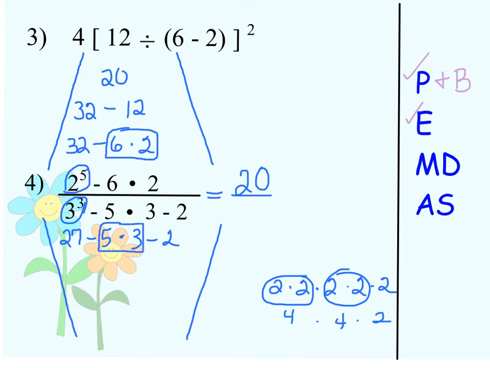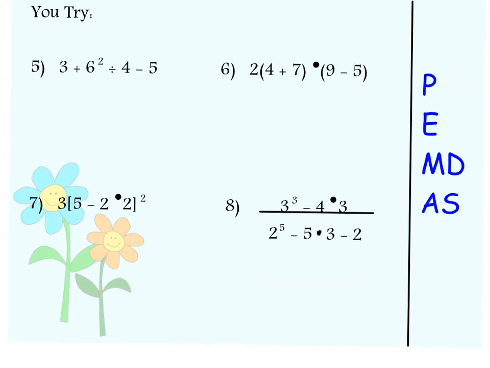So right here in the middle, we have a 5 times 3, which is 15. And then the last step now is to add or subtract. In this case, it's just subtraction. So 27 minus 15 is 12, minus 2 is 10. So our denominator is equal to 10. The very last step now is to divide our numerator by our denominator, and our final answer is 2.